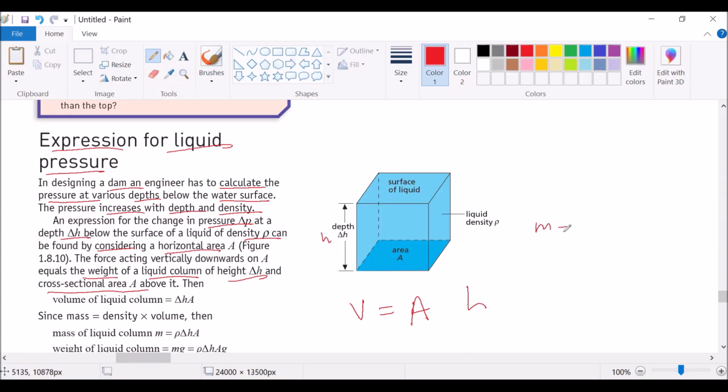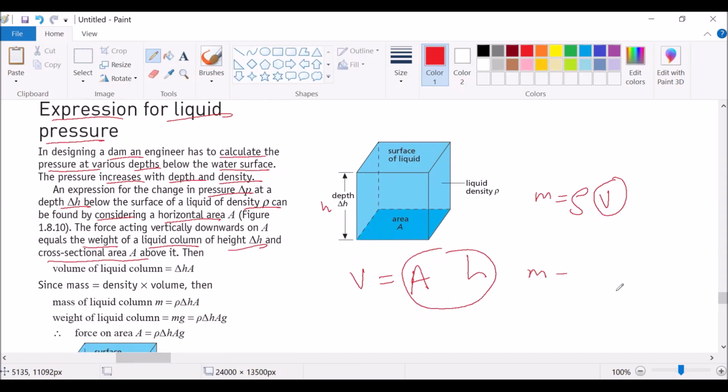Since mass is equal to density times volume, then we can substitute this volume by AH and say mass is equal to density times AH, which is our volume. Remember, this is derived from density is equal to mass over volume, then mass is equal to density times volume.